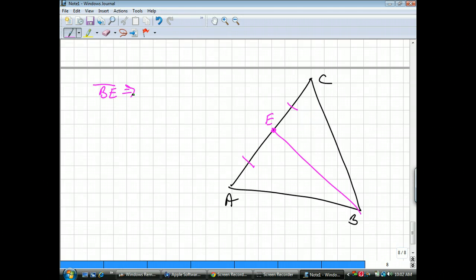Okay, well, the best name for segment BE, it goes from a vertex, hits the opposite side at its midpoint, so the best name is the median.